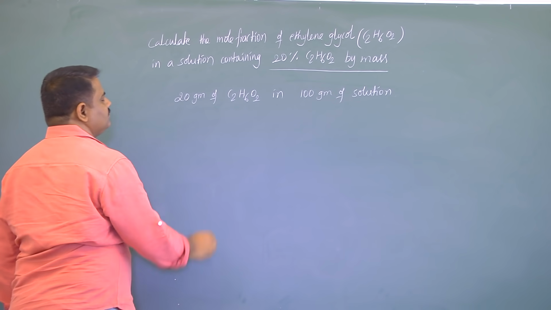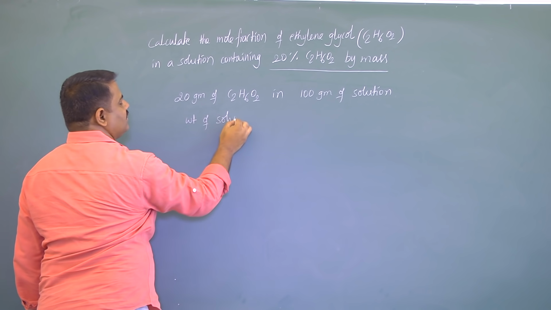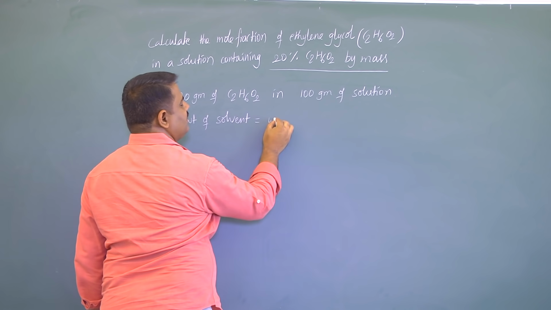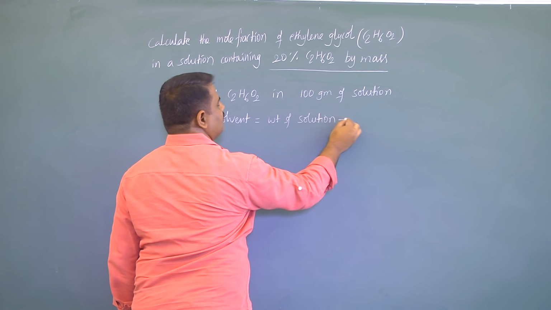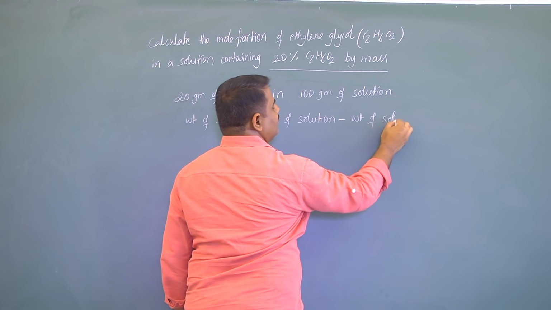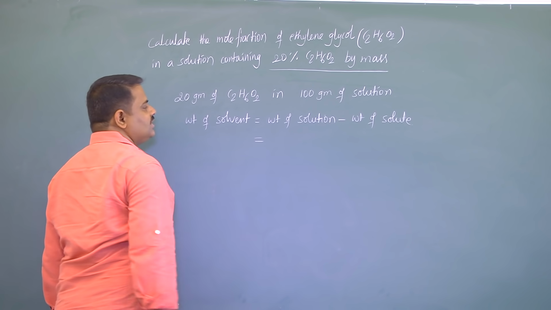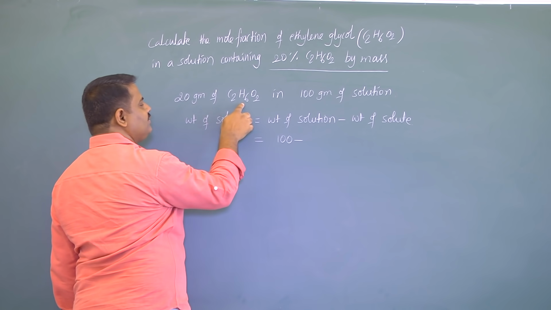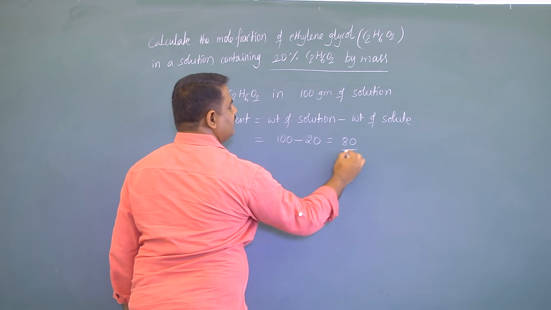That means, what is the weight of solvent? Weight of solvent is equal to weight of solution minus weight of solute. That is equal to, weight of solution is 100 grams and weight of solute is 20 grams, total 80.